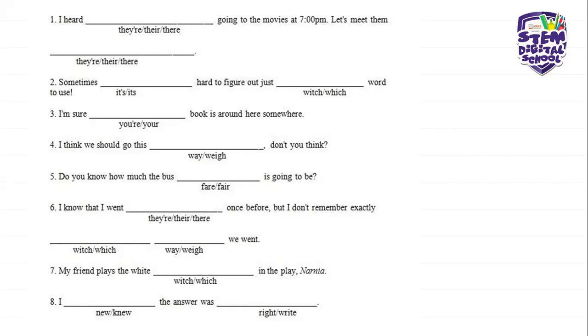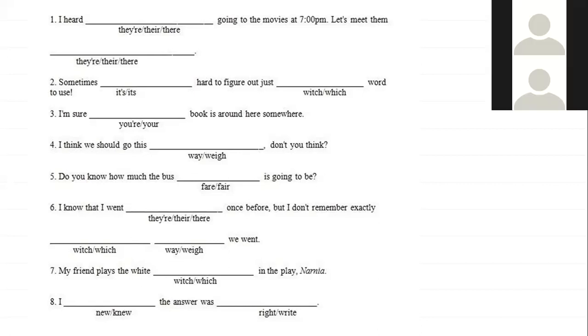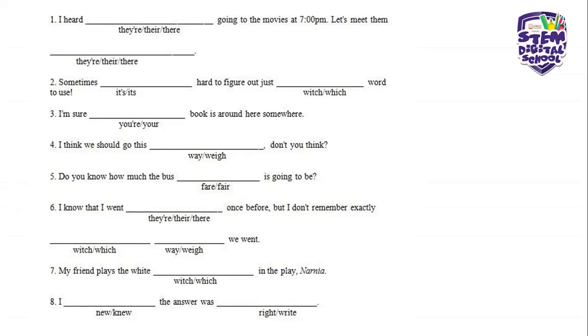Now the next one, it's, that one is easy. It is, or its like a possessive. Any one of you that want to, I want you to give me example sentences of there, and there.